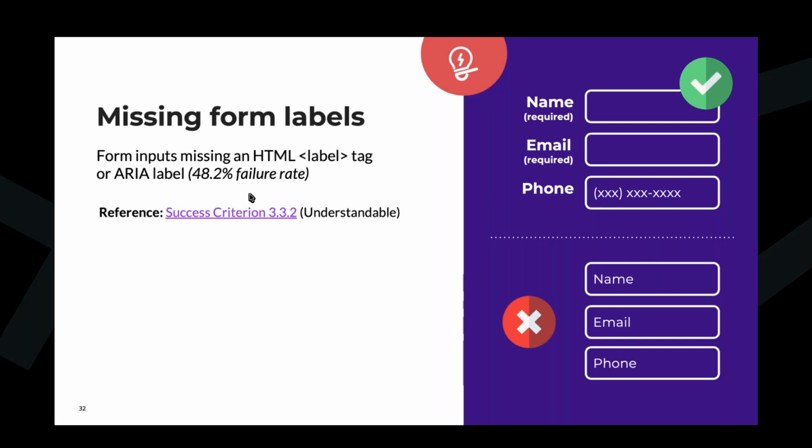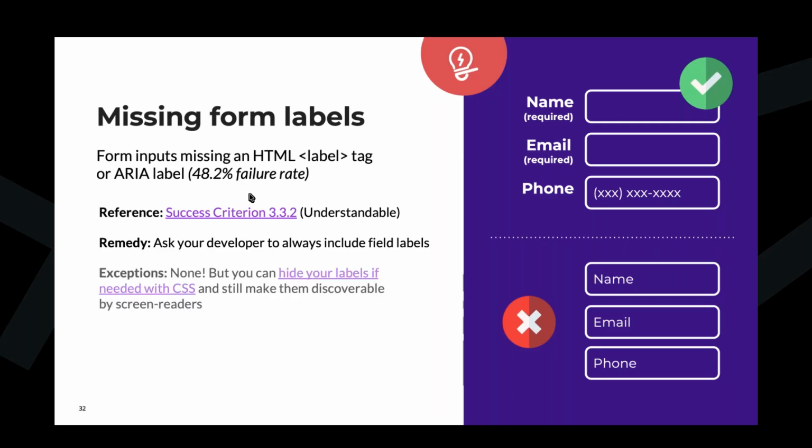And this relates to the understandable criteria. Really, the remedy is simple. You just ask your developer to always include field labels. And there are no exceptions to this, but you can hide your labels and still give them accessible names if you need to. In rare cases, that might be needed.